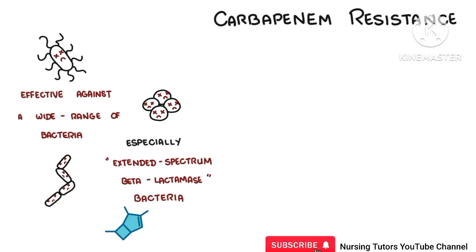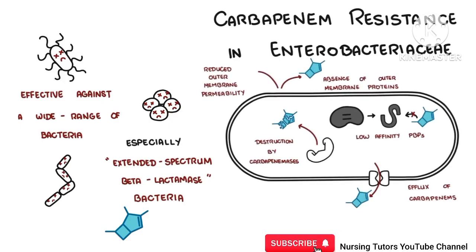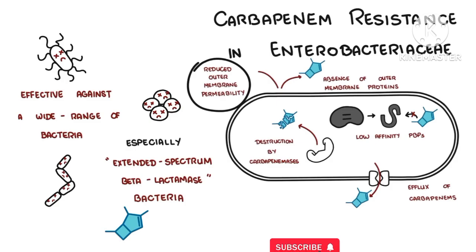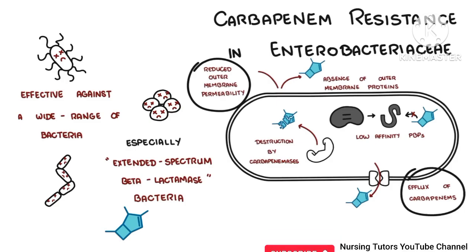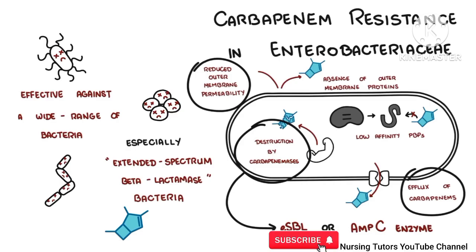Therefore, they are used in patients who are bedridden. However, they are not highly effective against Enterobacteriaceae because of reduced permeability, absence of the outer membrane protein, destruction by carbapenemases, low affinity for penicillin binding proteins, high efflux, and so on.